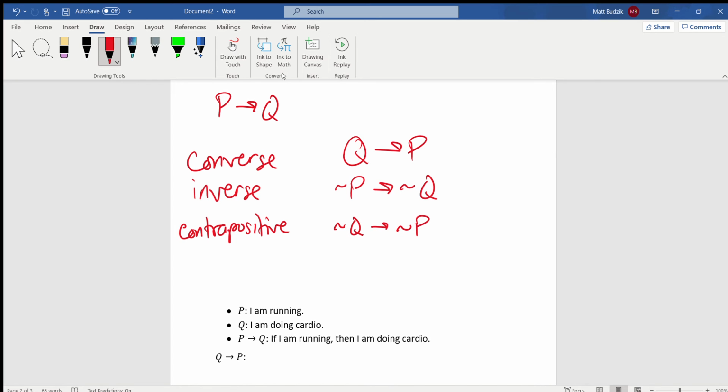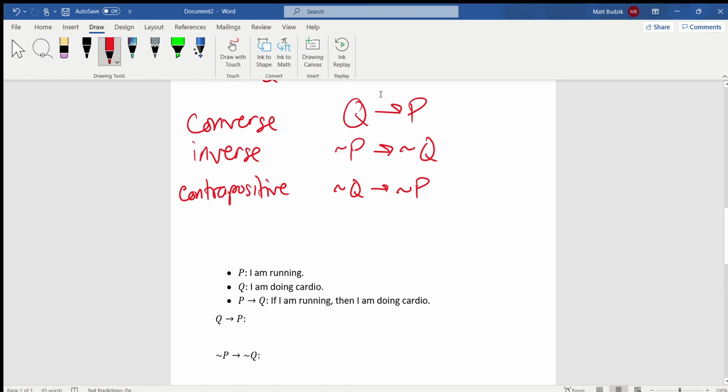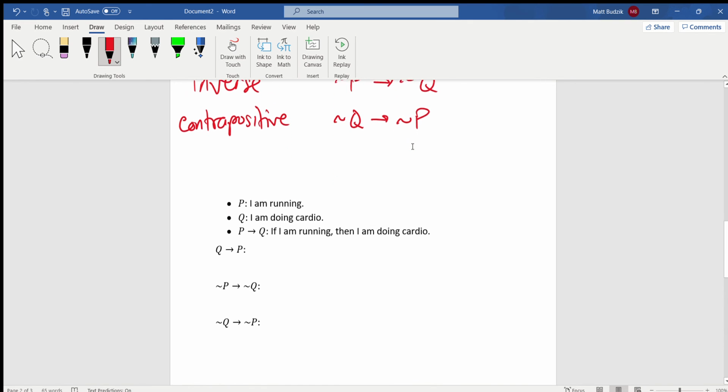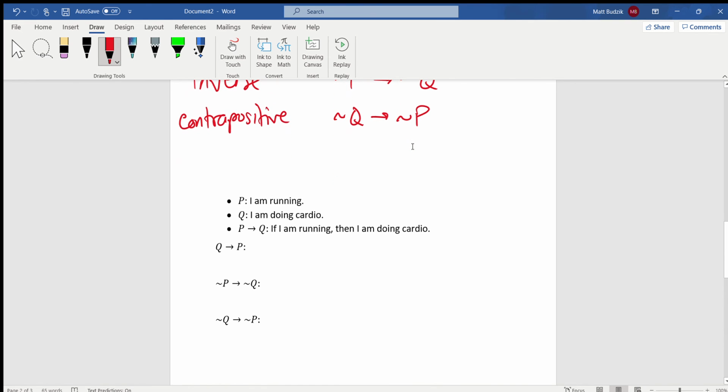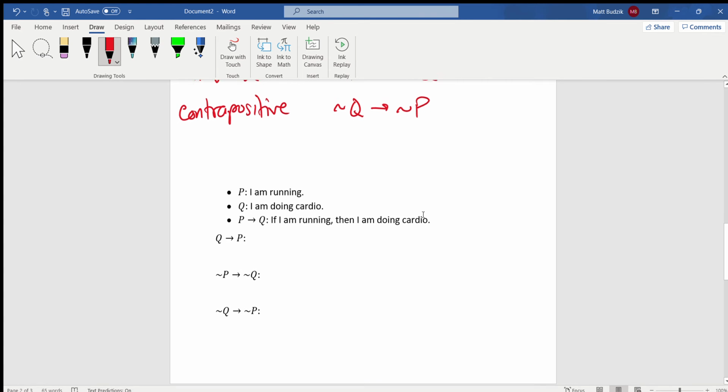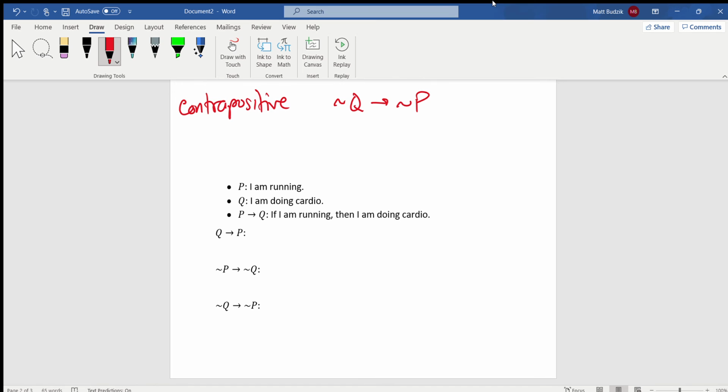All right. So let's say I have here these statements. So statement P, I am running. Statement Q, I am doing cardio. And now I have my conditional P implying Q. If I am running, then I am doing cardio, right? So we wrote that one already. So Q implying P, again, this is my converse. So the converse of that statement would read, if I am doing cardio, then I am running.